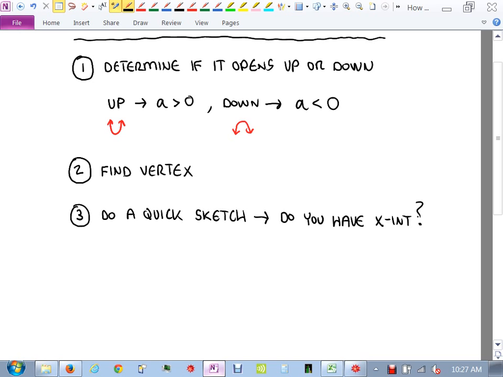You'll be able to tell from the graph whether or not you do. If yes, find them. How do you find x-intercepts? Set y to 0. If no, move on to step 4.